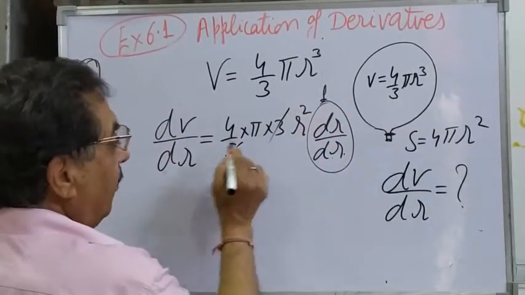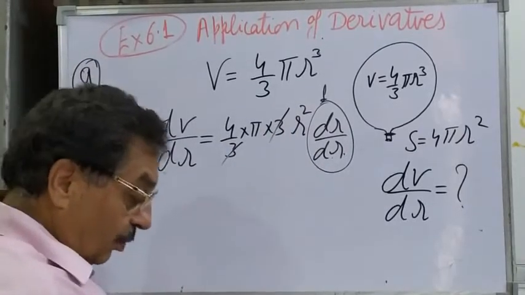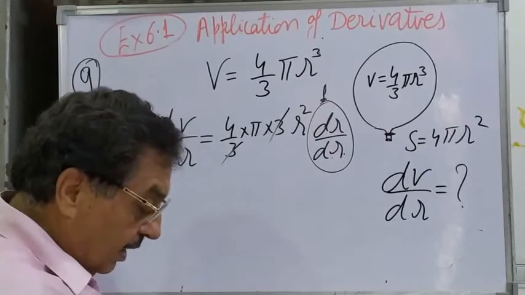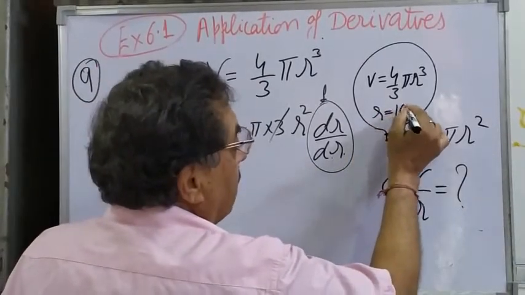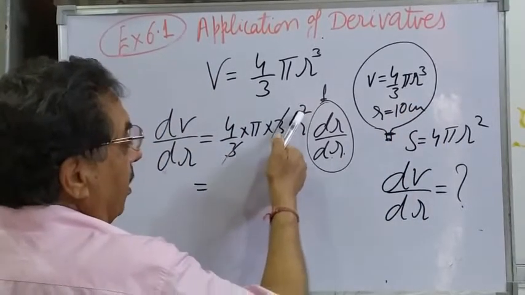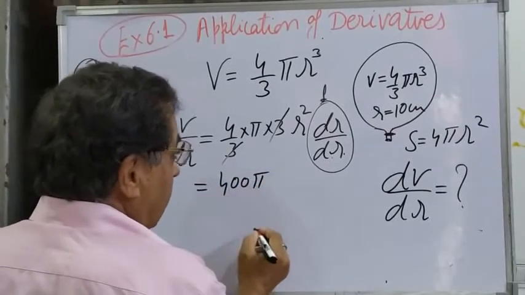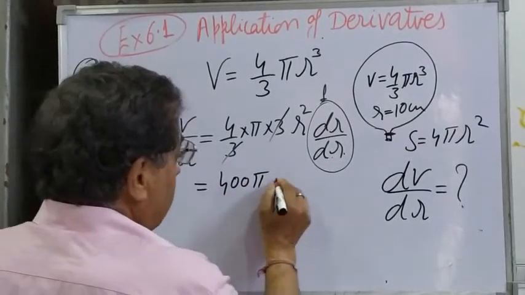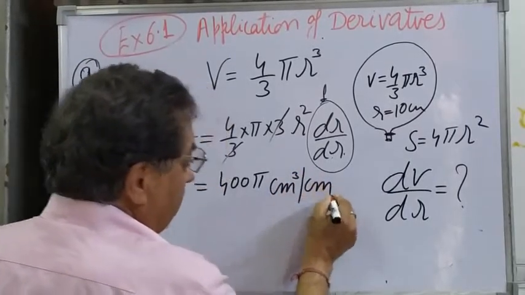So we get 4 pi r square. And r is given to be 10 centimeter at that instant. So put r as 10, r square is 100, giving 400 pi centimeter cube per centimeter.